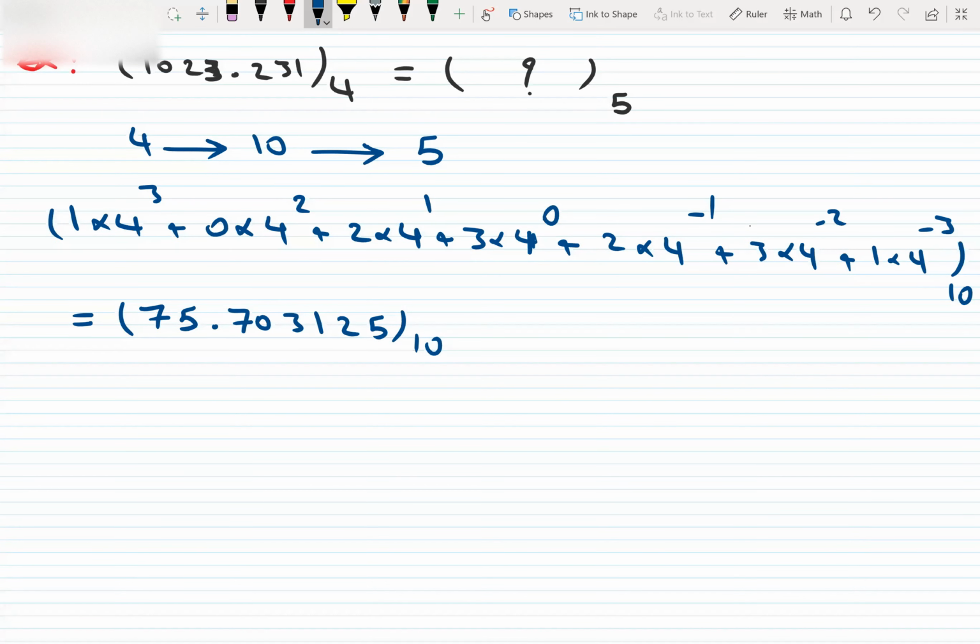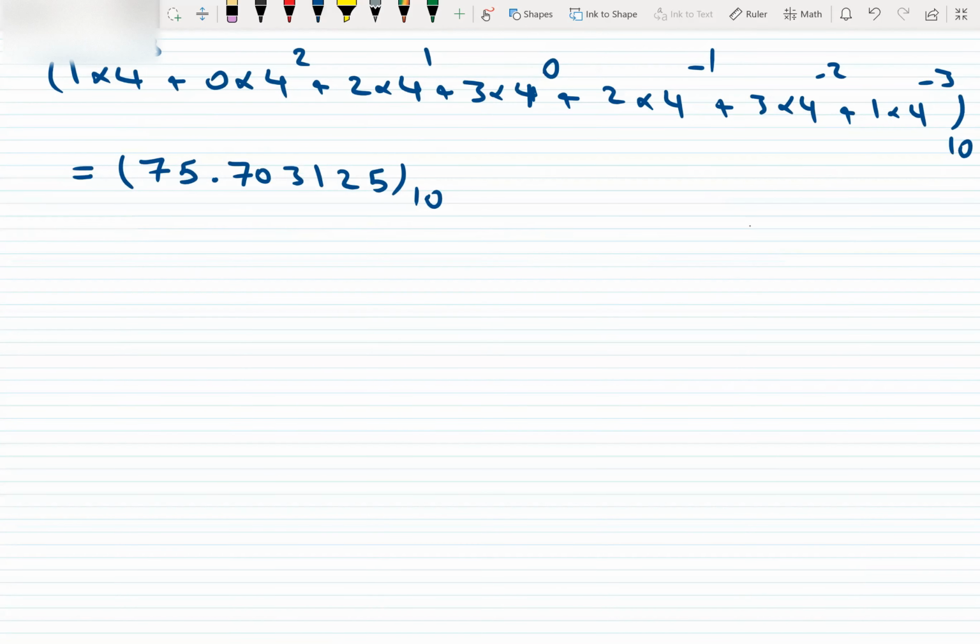Okay, now that we have our number in base 10, we can convert it from base 10 to base 5. We know that for converting a real number which has both integer and fraction parts from base 10 to other bases, we need to separate the fraction and integer parts and do the conversions, and at the end add the two results.